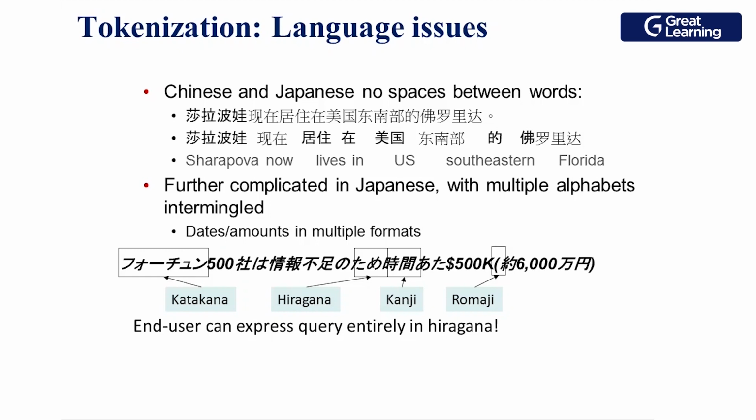So now, imagine you have this problem. You have this kind of sentence, which actually should have been written with spaces like that, and then it means Sharapova knowledge in US Southeastern Florida. But what you have is the sentence at the top. This is the thing that you have. So what do you do? If you were given this task of figuring out words, how would you figure them out?